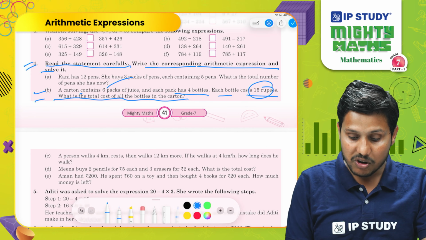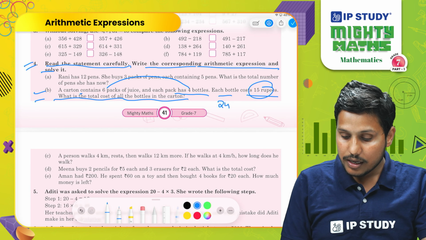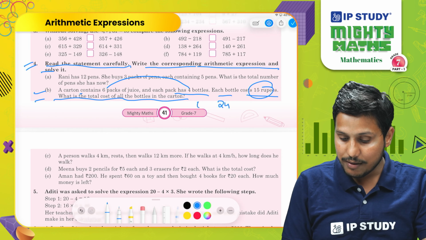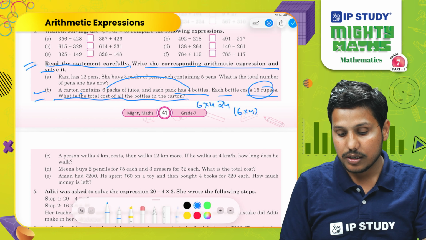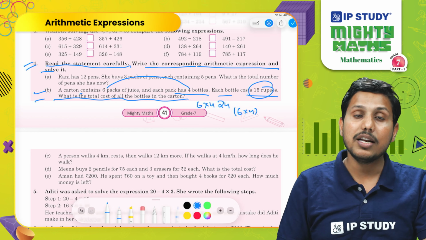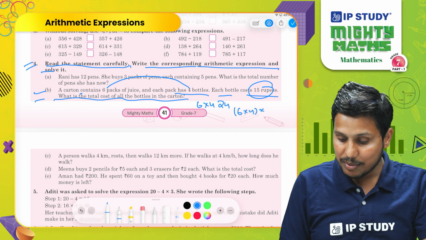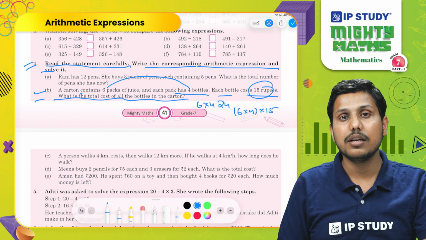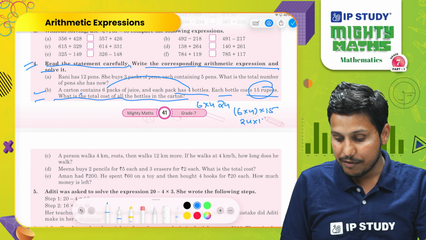So the total number of bottles will be 24, because 6 times 4 will be 24. So we'll write 6 multiplied by 4 first. That will give us the total number of bottles that we'll have. And then we have to multiply it by 15. So our answer will be 24 multiplied by 15.